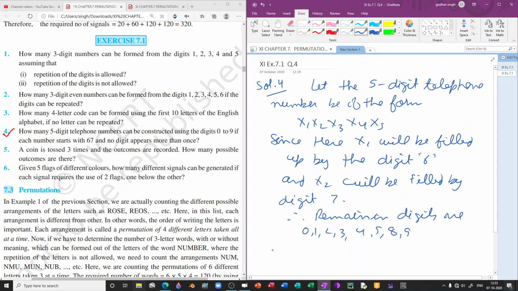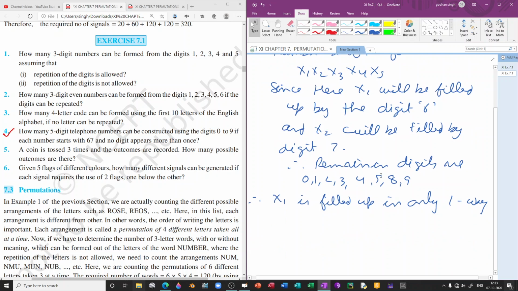So here we can say that x1 is filled up in only one way. Then x2 is also filled up by the digit 7, that is only one way.